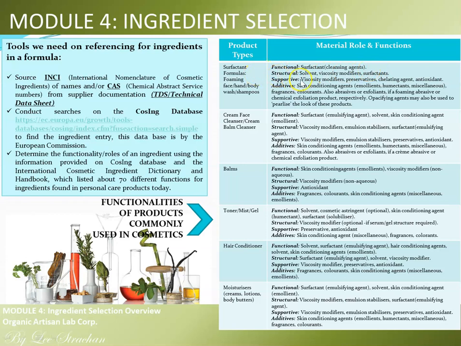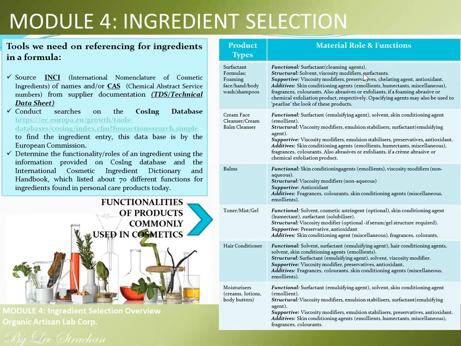For structural, we're looking at ingredients like solvents, of course, water being one. If you're adding distillates or hydrosols, that also falls under solvent. Viscosity modifiers, and also some of the other surfactants in the formula.